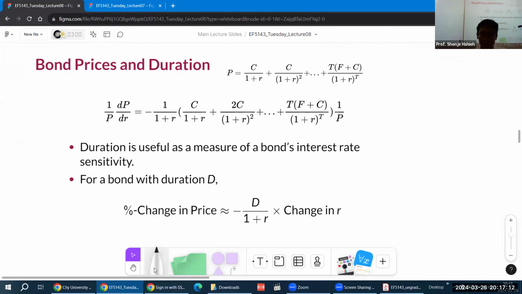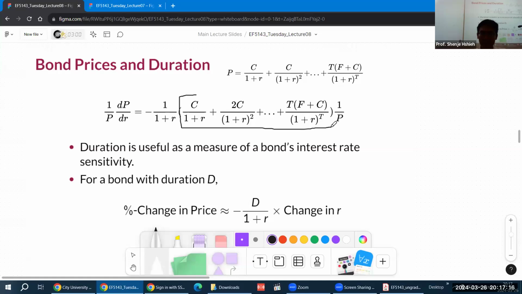So what do you see? You see duration right here, right? This is 1 year, 2 years, 3 years, blah, blah, blah. But then look, I'm scaling everything by 1 over P, right?